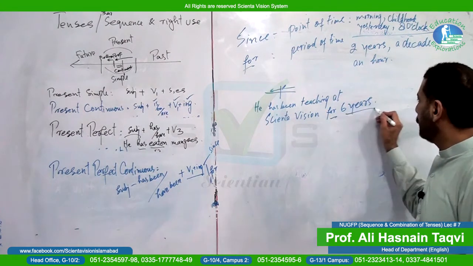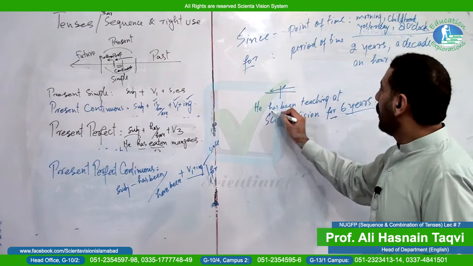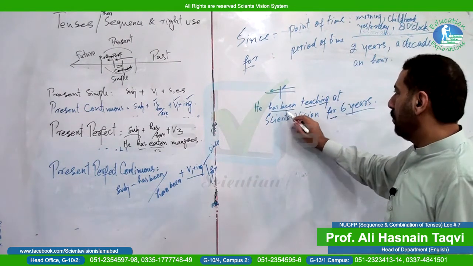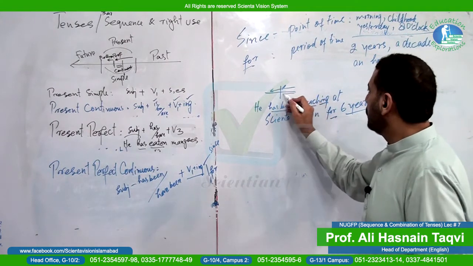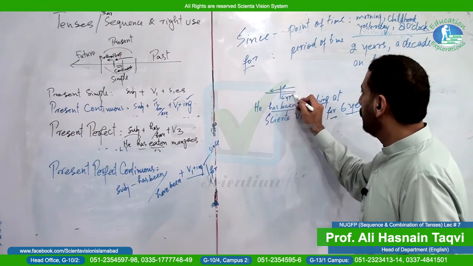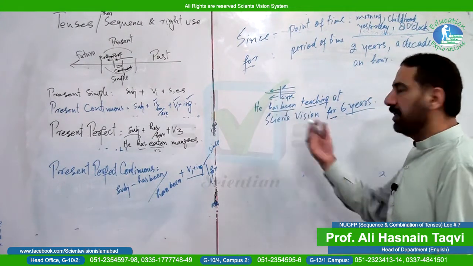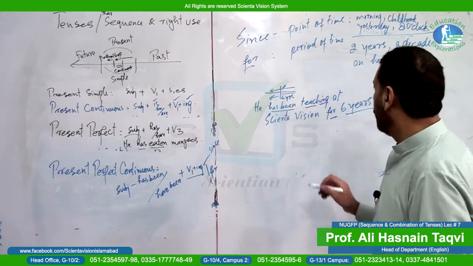Now for is used because of this period of time. Has been and teach and ing. Now this actually means 6 years have been completed and he is still a teacher there. It could have 7th, 8th onwards years to mention.